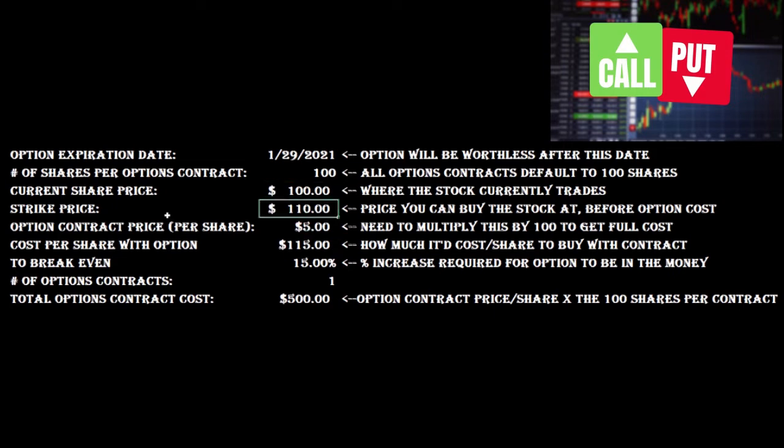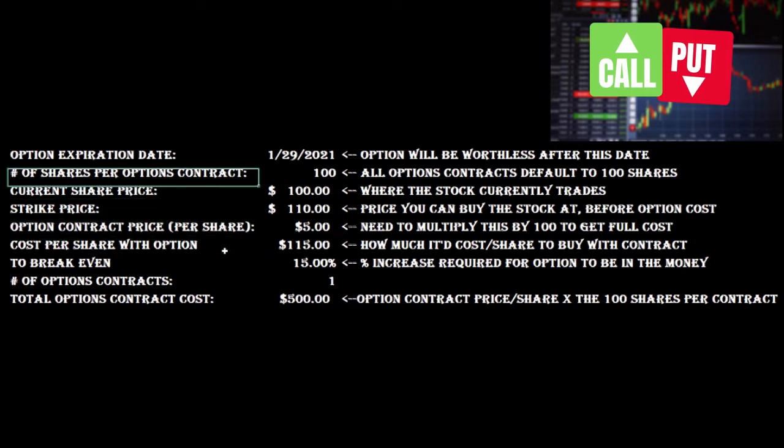You're getting the option to buy it at 110, but because you're paying $5 per share for that right to get it at 110, the stock would actually need to go up by 15% before you would break even. So if the stock was trading anything above $115 that we see here, you would be able to exercise that option while making money.